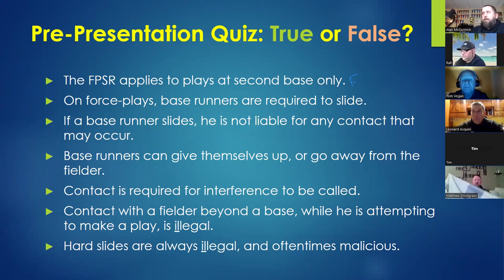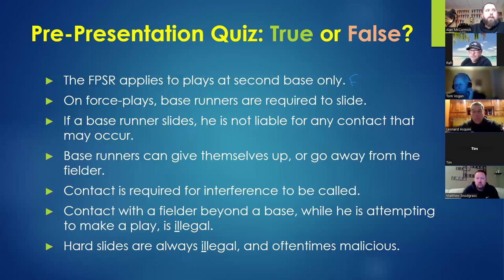Not all the contact is illegal, but he's still liable for the direction of a slide and what he does during the slide, like a pop-up slide. If it's a pop-up slide into a fielder, it's an illegal slide. Sliding in the direction of a fielder could be illegal as well. And at second and third, if they slide through the base and make contact beyond the base, that's illegal as well. So that's why that one is false.